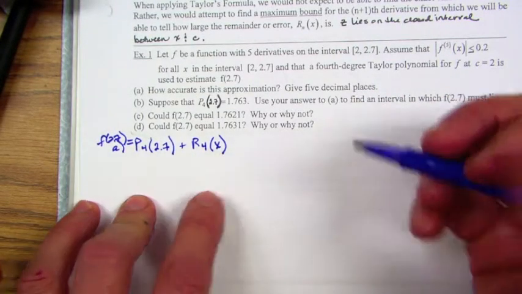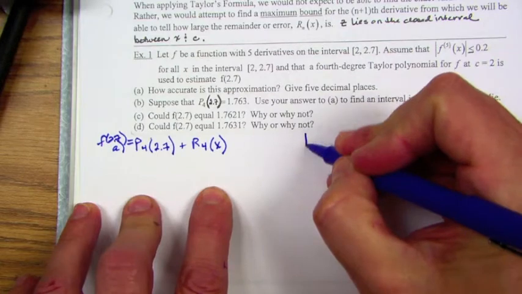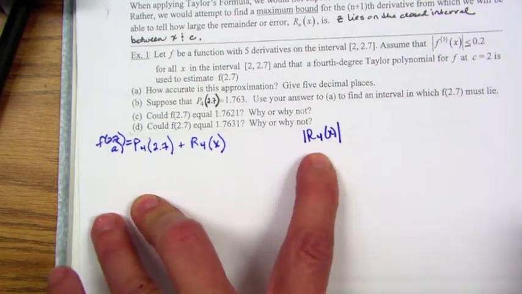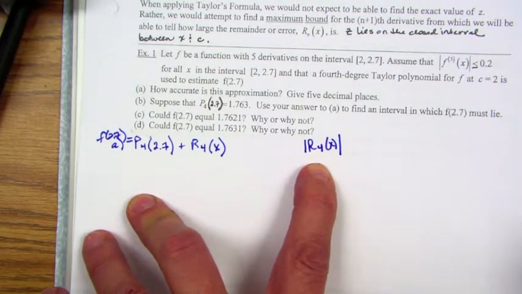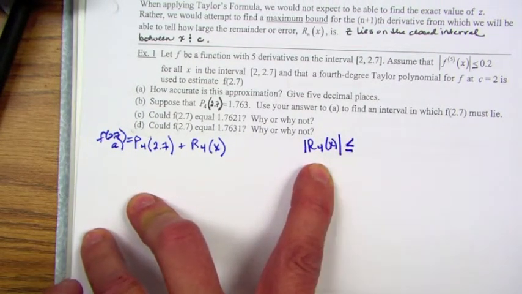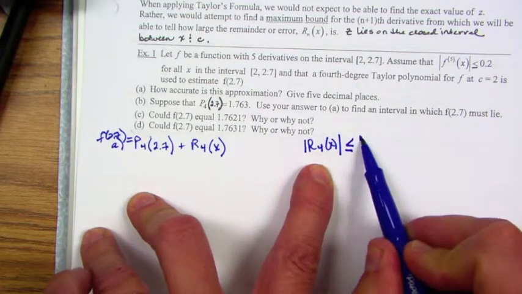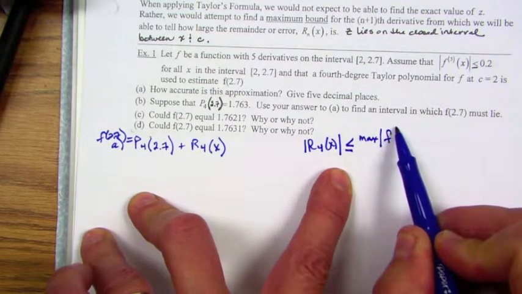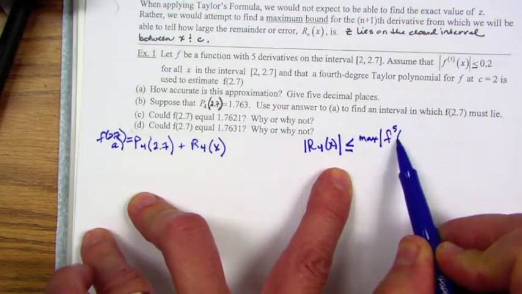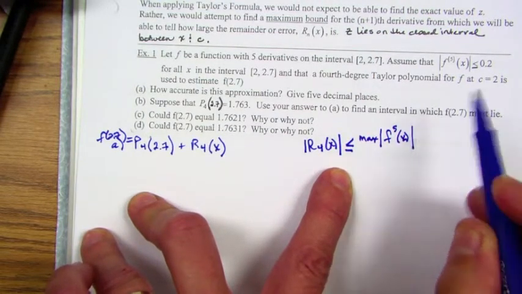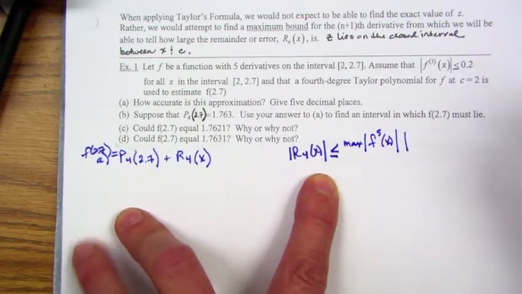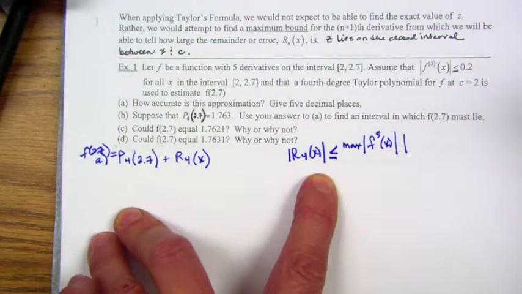Okay, well, I just learned up here that the absolute value of that remainder or error must be less than or equal to the max of the absolute value of the 5th derivative of z times the absolute value of x minus c.